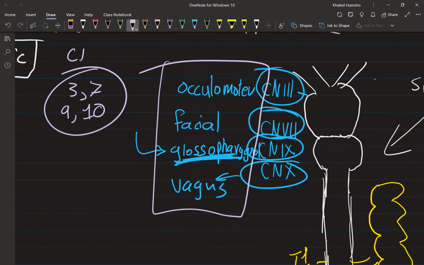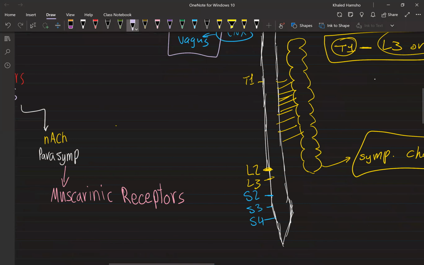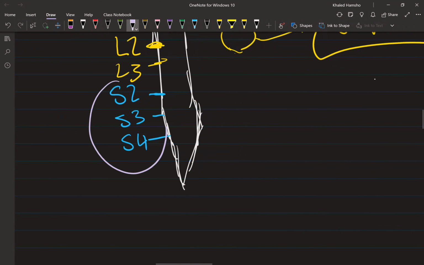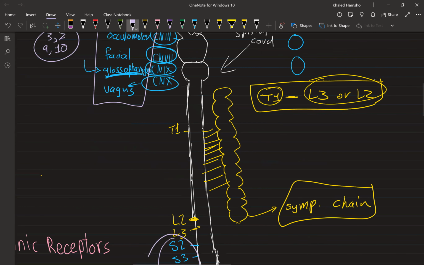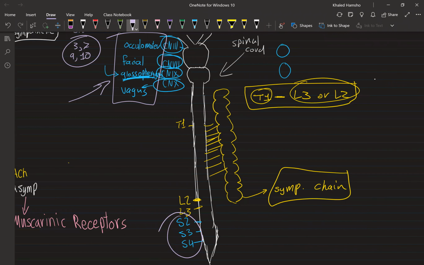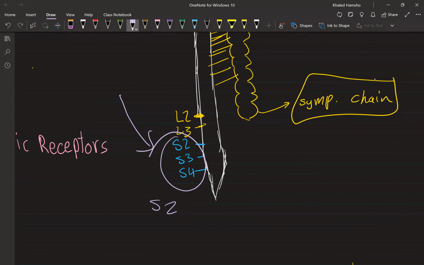Now, at the same time, there is also a bottom division of the parasympathetic nervous system. It's sort of cut in two. It has this upper portion and this lower portion. The lower portion is known as the sacral region, from S2 to S4.